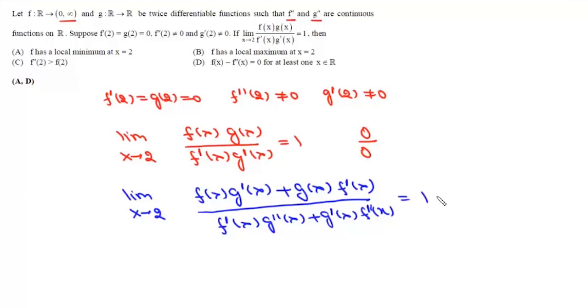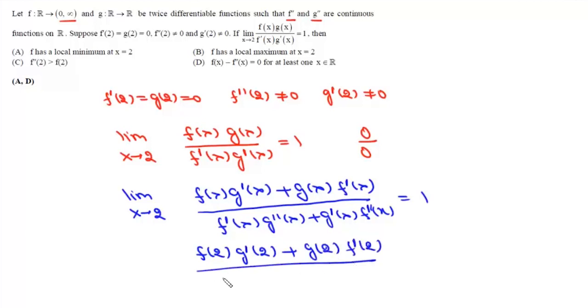Now we'll put this limit. So we write f(2) into g dash 2 plus g(2) into f dash 2 upon f dash 2 g double dash 2 plus g dash 2 into f double dash 2, and it is equal to 1.